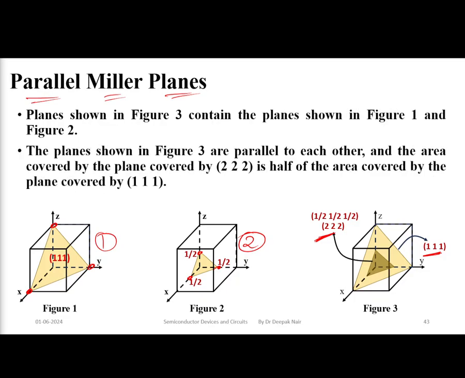Now, from the figure you can see the area covered by the plane 2, 2, 2 is half of the area covered by the plane 1, 1, 1. So 2, 2, 2 is a smaller area compared to 1, 1, 1.